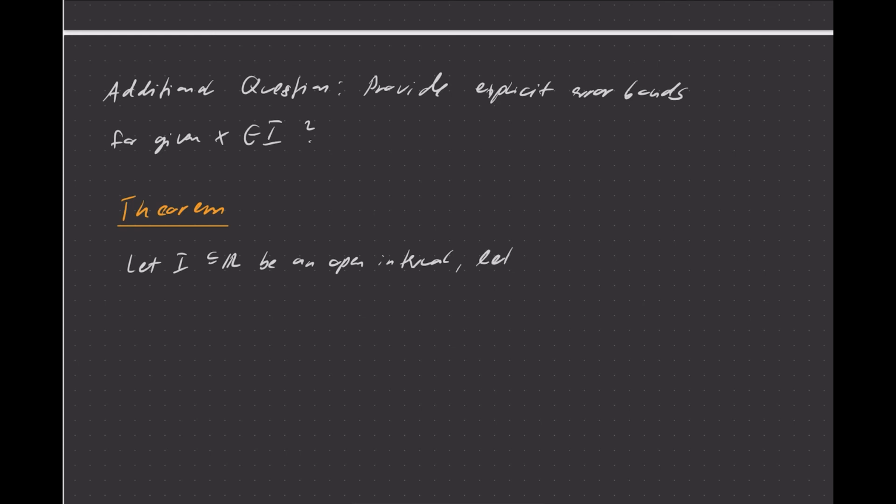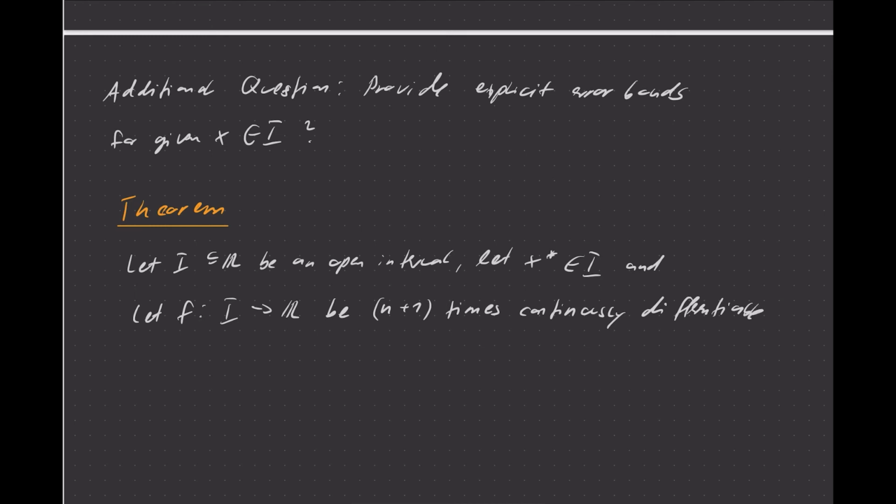We need a point x star in that interval, and let f be a function on I with values in R. And now the difference to the theorem that we had before is that we now want f to be at least n plus 1 times continuously differentiable, so once more than we've had before. And we want that to be continuously differentiable on I.